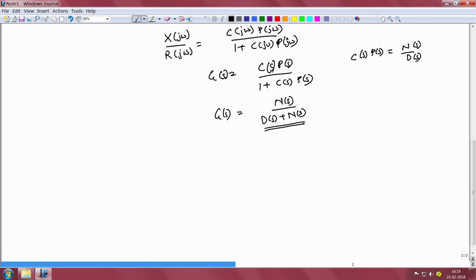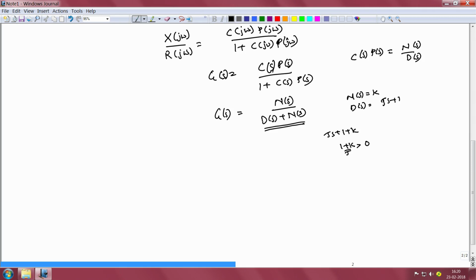Well, if the degree of the denominator polynomial is 1, it is obvious. So if, let us say, N(s) was some constant k and D(s) was some term of the kind tau s plus 1, then we can by inspection tell that D(s) plus N(s) would be equal to tau s plus 1 plus k, and we can clearly tell the conditions under which this system would be stable, namely that (1 plus k) by tau should be greater than 0.